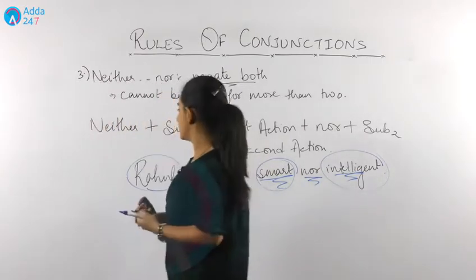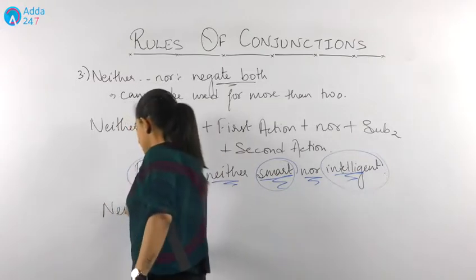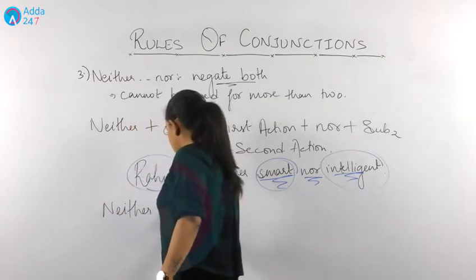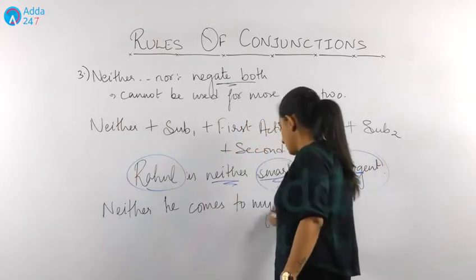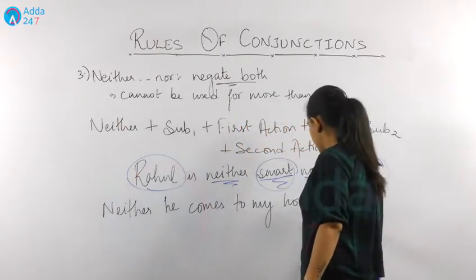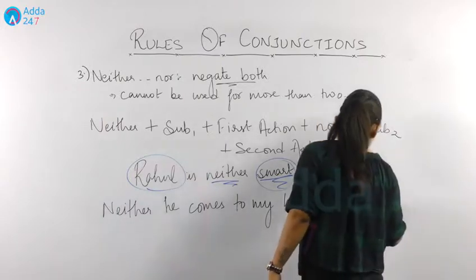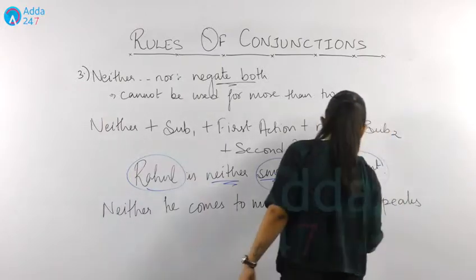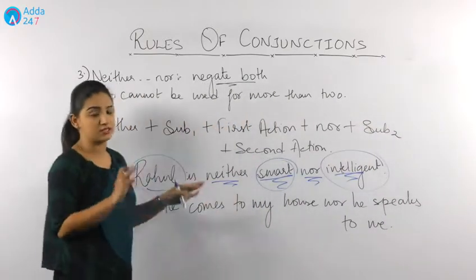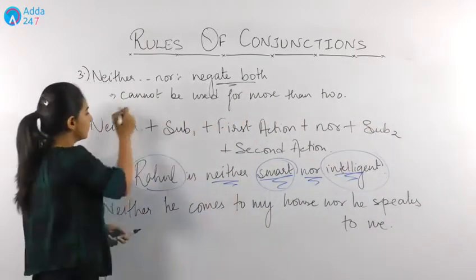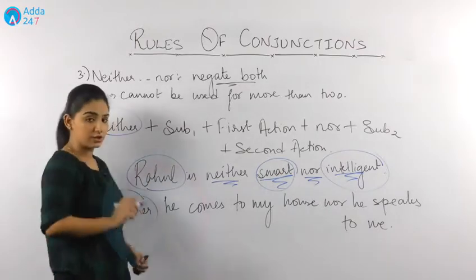Apart from this, we can also write like this. Neither he comes to my house, nor he speaks to me. Now this sentence is used as per your sentence structure. Like, what did I tell you to write? Neither. Neither is mentioned here, right?